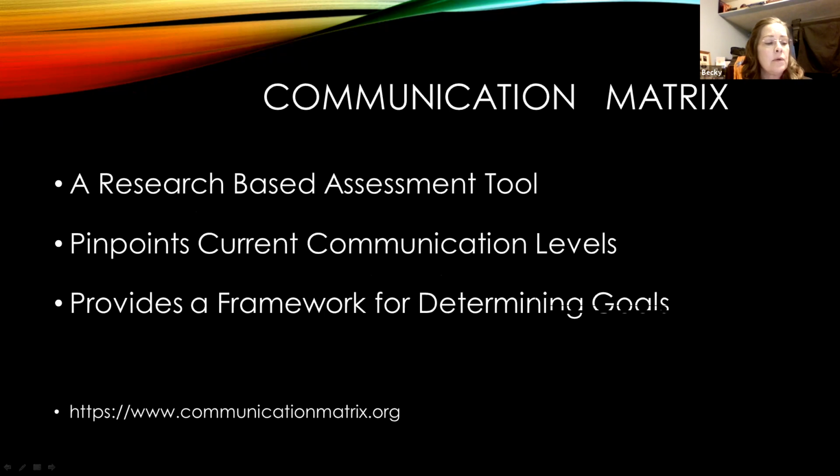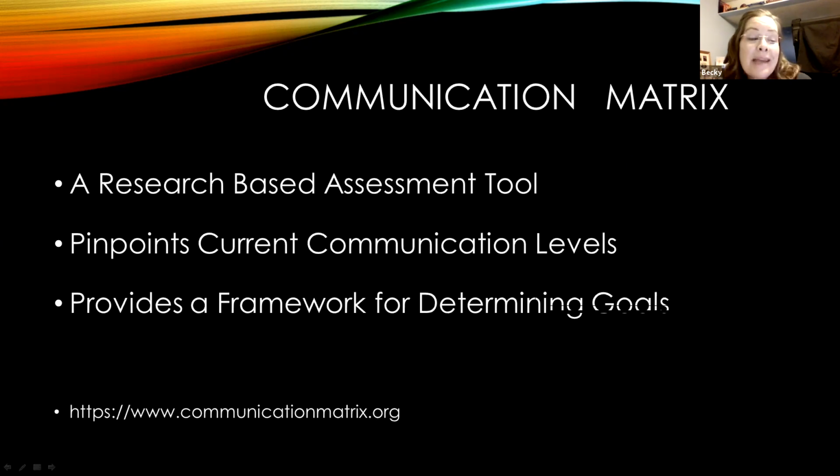The matrix includes all types of communication, including alternative forms such as picture symbols, electronic devices, voice output systems, Braille, sign language, and 3D symbols, and pre-symbolic communications such as gestures and body movements, sound, eye gaze, and facial expressions, as well as typical communication, which is speech. And it covers 7 levels of development in the early stages of communication.